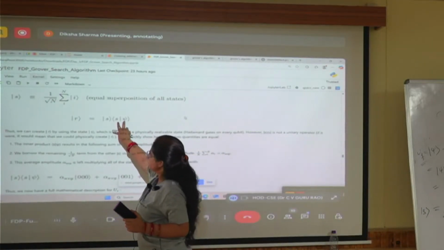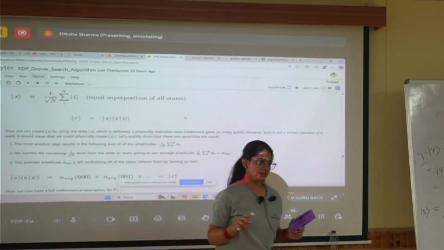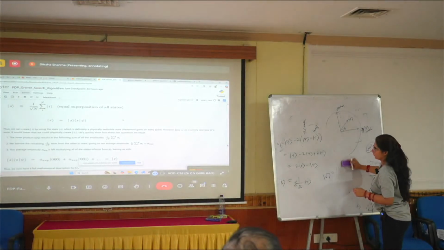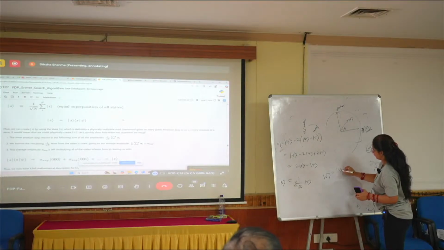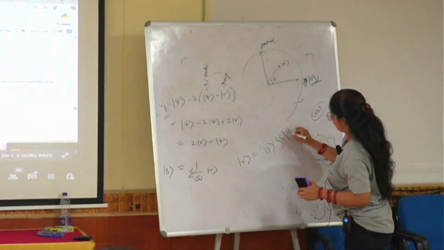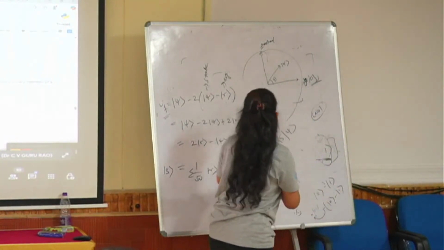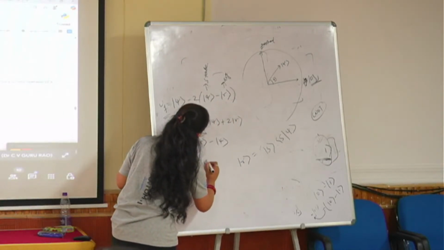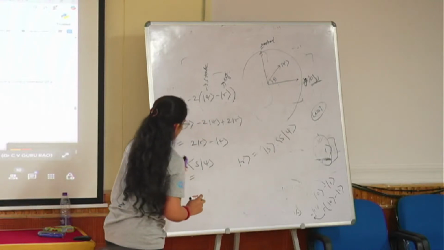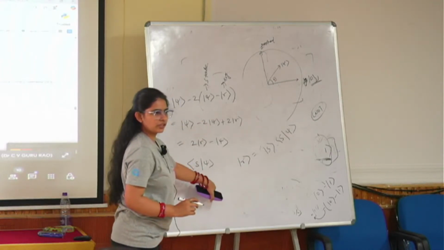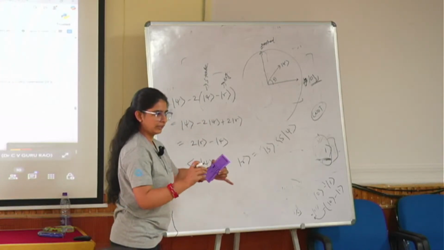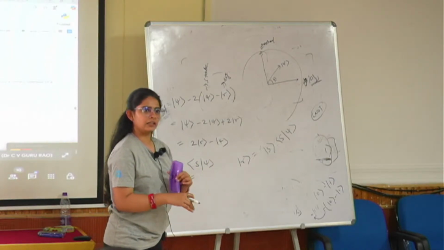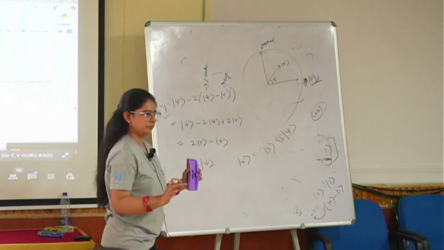So what this inner product S with psi means is that whichever amplitudes, whichever states are correlated, those will be left, those would be 1, otherwise everything would be 0.